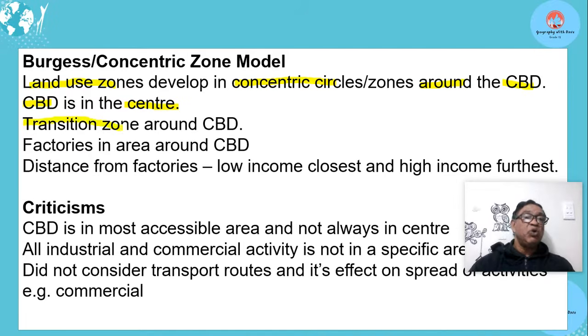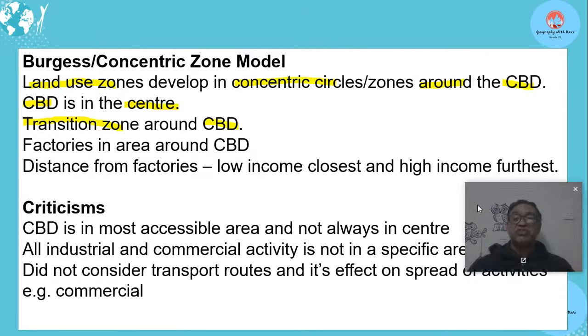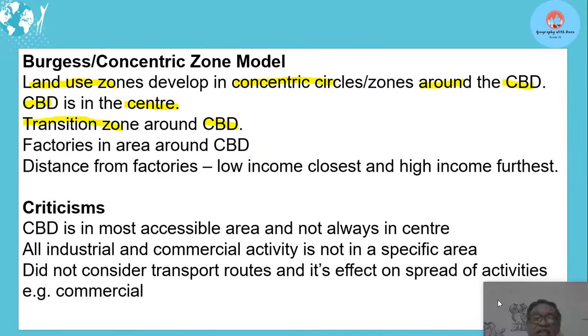The transition zone is around the CBD, which consists of your factories and things like that. Then, with distance from the factories, the next zones have the lowest income closest and the highest income furthest away, obviously with the middle income in the middle.